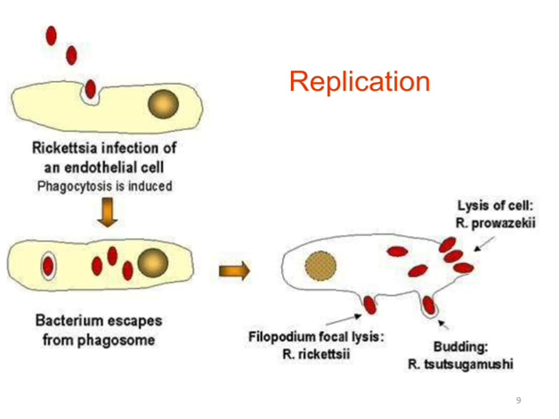After colony formation, the bacteria can lyse the cell wall, rupturing or killing the cell, and are released out. This picture shows the filopodium; focal lysis is another type of cell lysis, or budding is another type, and the lysis of a cell by Rickettsia prowazekii.